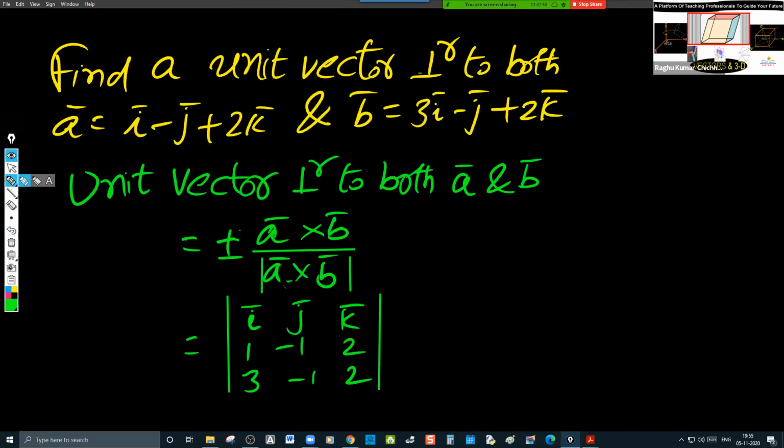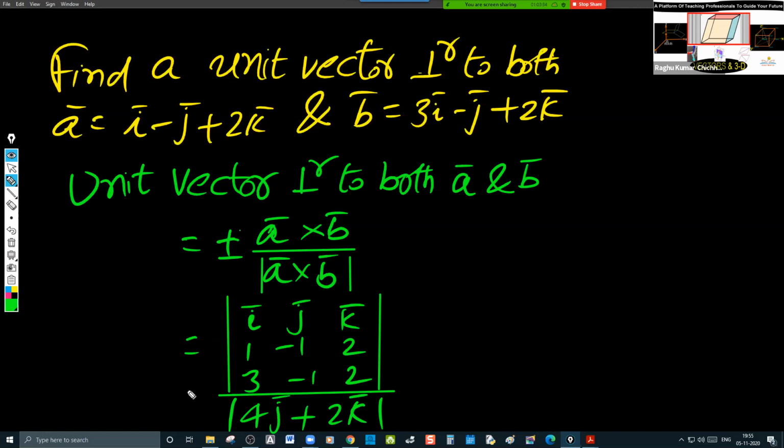Finding the cross product is nothing but finding the determinant of this. Now, what is modulus of A bar cross B bar? This is minus 2 plus 2, 0 i bar. It is done. 6 minus 2, 4 j bar. And minus 1 plus 3, plus 2 k bar.